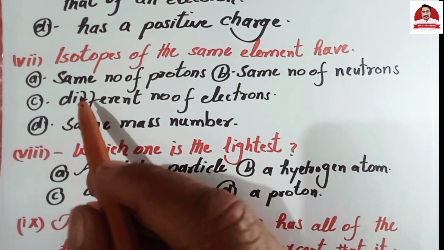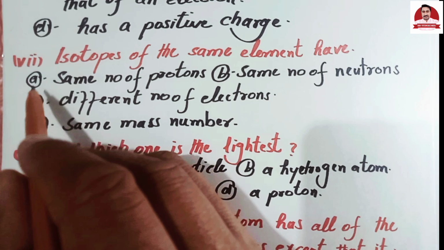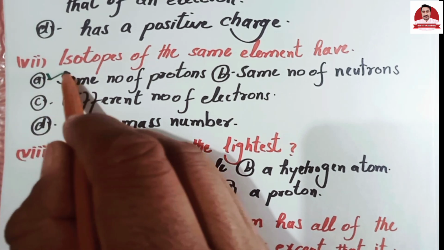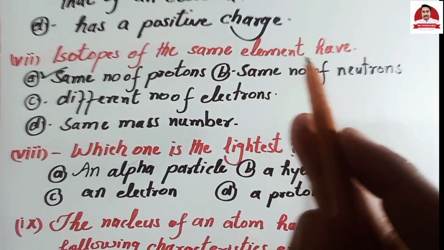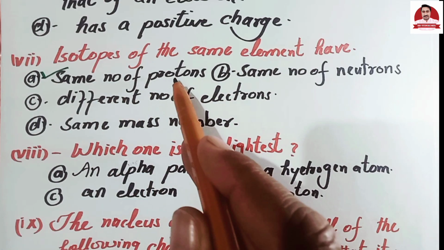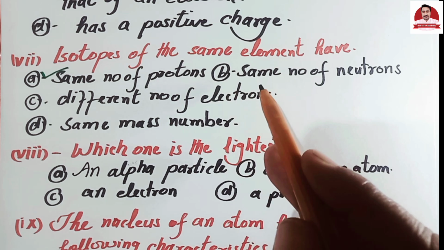The option A is correct because isotopes of the same element have the same number of protons.